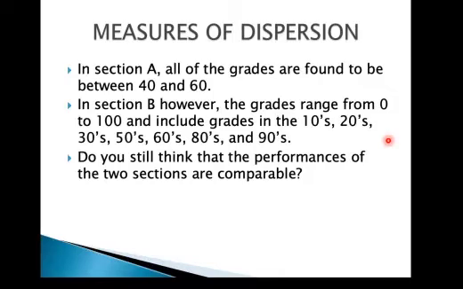If the mean grade in both sections is 50, it seems that the performance of the two sections is similar. But if we look at these values now, the values that we present to you in section A and section B, we won't think anymore that the performances of the two sections are comparable.